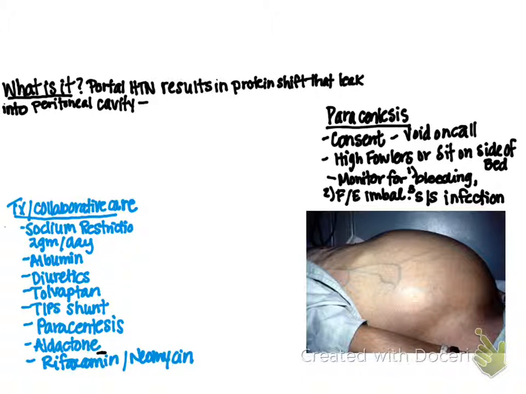And fluid imbalance, removing all that fluid could cause hypovolemia. So you're having to monitor your patient, monitor vital signs. You need to know the signs and symptoms of hypovolemia: weak, thready pulse, increased heart rate, decreased blood pressure.